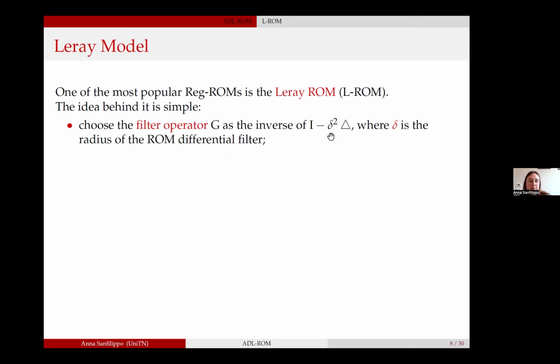Here we have a parameter delta, called the radius of the filter, and delta has to be set at the beginning of the computation by the user. In general, we choose delta related to the mesh size, but you have to be quite careful to choose an appropriate delta.